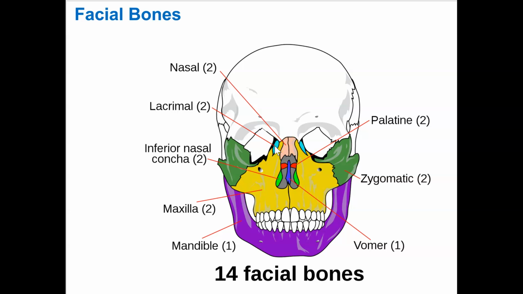You can't see it in this picture, but there is a little hole or a foramen in those lacrimal bones. Lacrima means tears, and that's where the tears from your eyes can actually move into your nose. So sometimes if you have a really good cry and your nose just won't stop running, but it's really like water, that's usually tears.